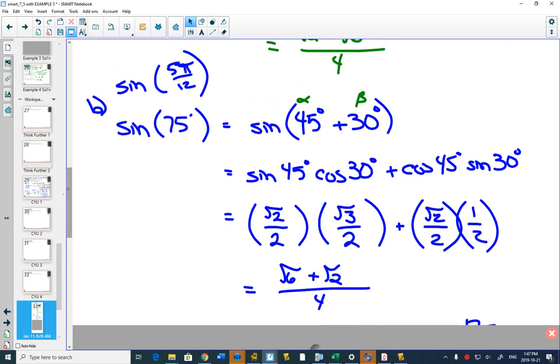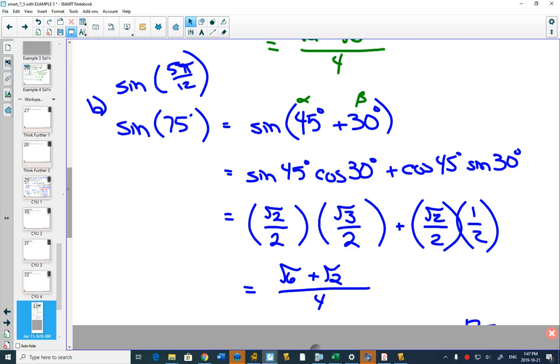For all pi over 12 families, for sine and cos, you will always have a root 2, you will always have a root 6, and it'll always be over 4. What changes is what's positive and negative. Sometimes both the root 6 and the root 2 are negative. Sometimes only one of them is negative. Sometimes, like in this situation, they're both positive.